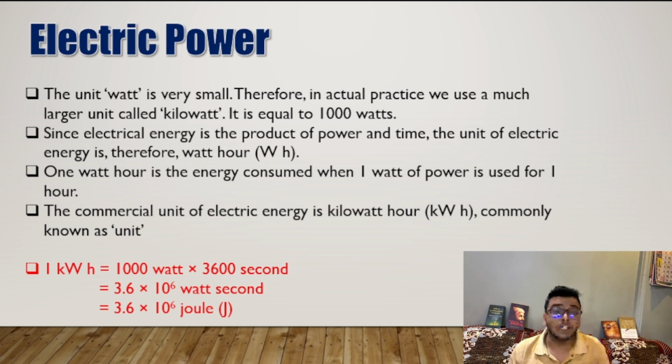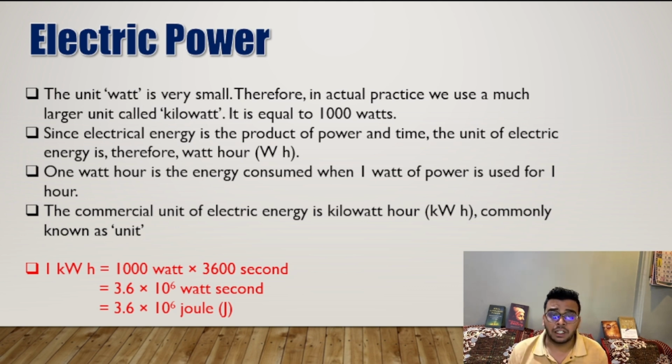And the commercial unit for power, which we generally use and which we get on our electricity bills, is kilowatt hour, kWh. How many kilowatts you used hourly? kWh, kilowatt hour. So conversion of kilowatt hour into joules is a very important term which you'll have to remember. That is 3.6 into 10 to the power 6 joules.